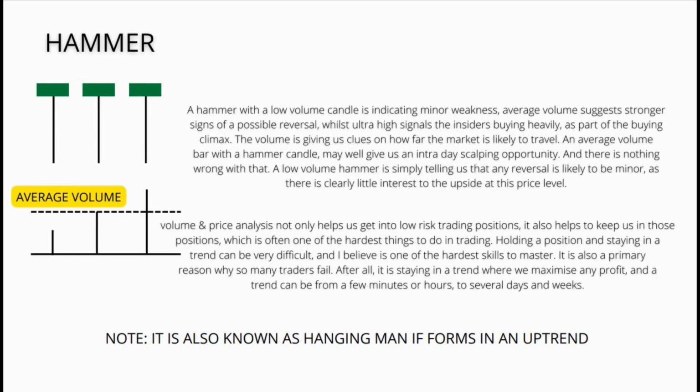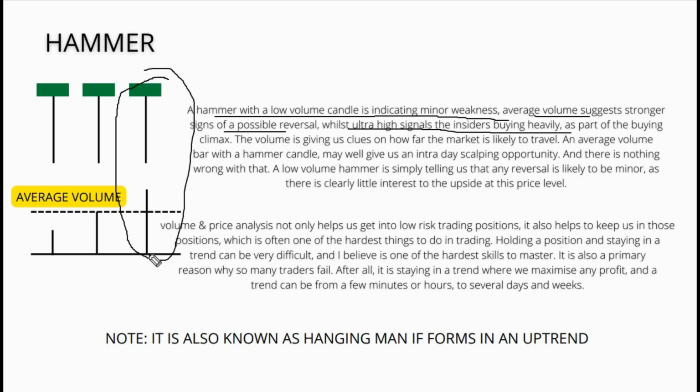Similarly, the hammer candle. See, a hammer candle with low volume is indicating minor weakness in the downtrend. Average volume suggests stronger signs of a possible reversal or a deep retracement in the downtrend, while the ultra high volume hammer is indicating very strong buying momentum by the market makers, that is the institutions, and now we could potentially see upward prices from here.